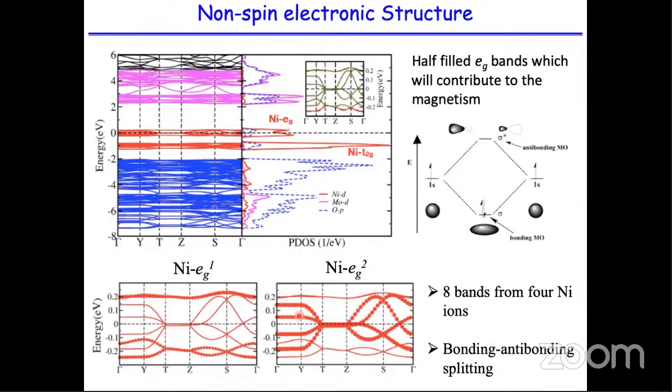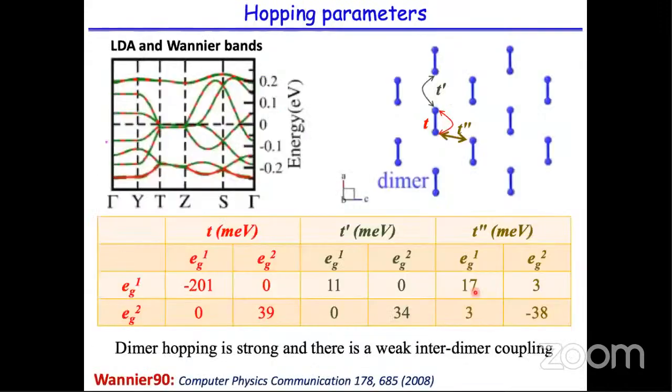For eg2 also we see some splitting at some of the K points, but the relative splitting is smaller than the splitting in the eg1 state, and that will be clearly seen when we calculate the hopping parameters. So next, we took those 8 bands and fitted them using the Wannier90 technique.